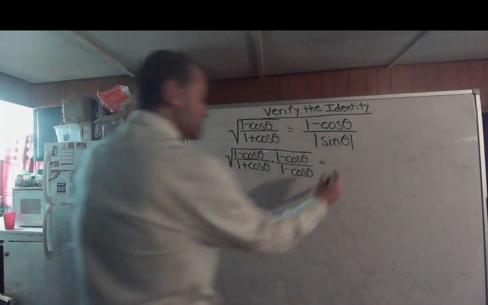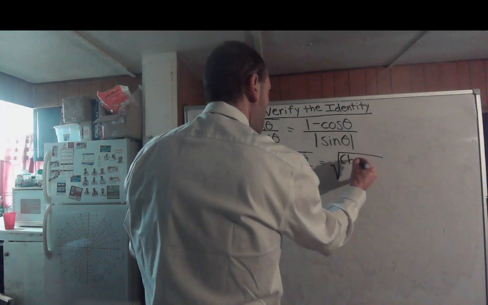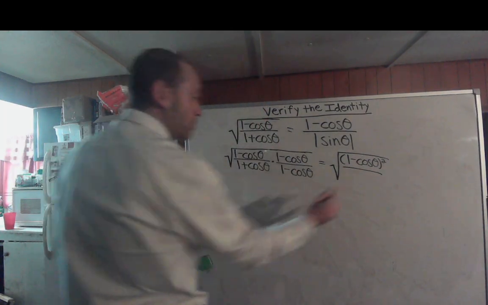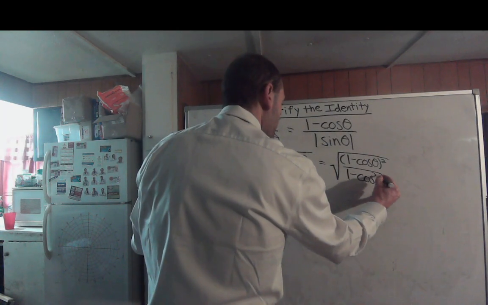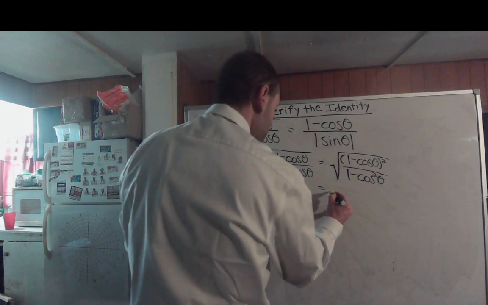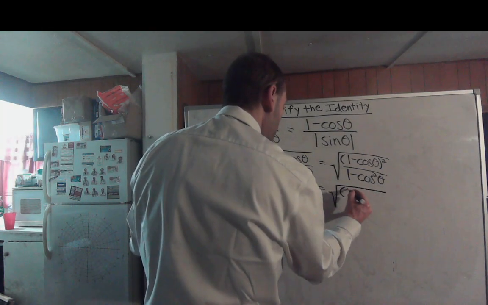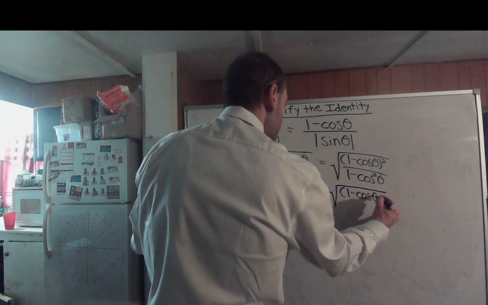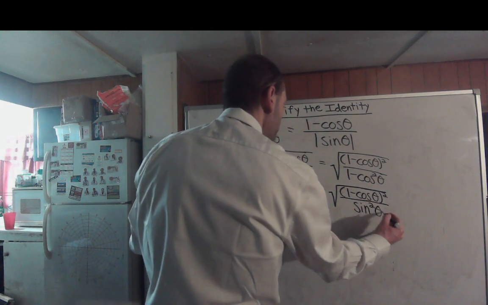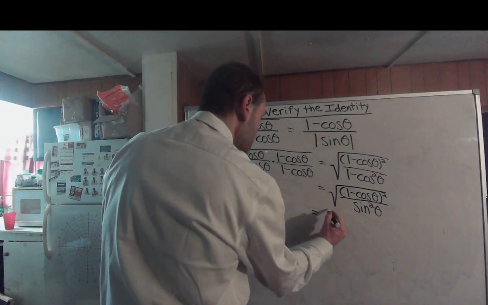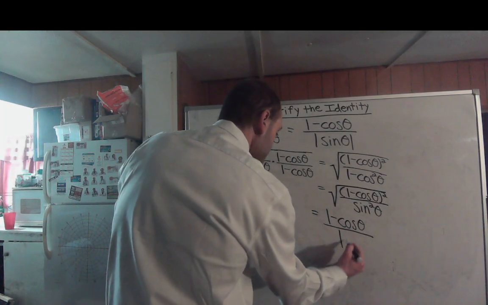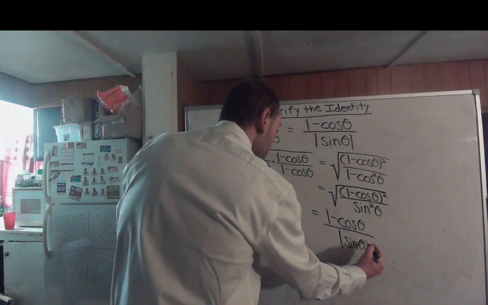Well, this will turn into the square root of the quantity of 1 minus the cosine of theta raised to the second power all over 1 minus cosine squared of theta. Well, what's 1 minus cosine squared? That's sine squared. So this would turn into the square root of the quantity of 1 minus the cosine of theta, squared, over sine squared of theta, which both of these are perfect squares, so this would turn into 1 minus the cosine of theta all over the absolute value of the sine of theta.